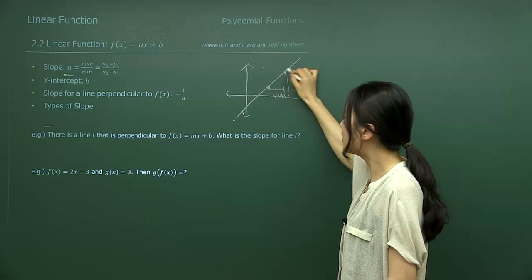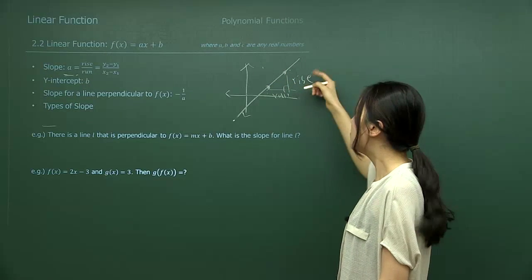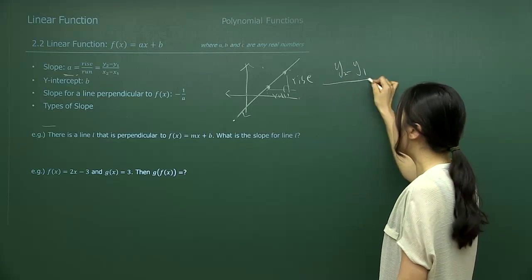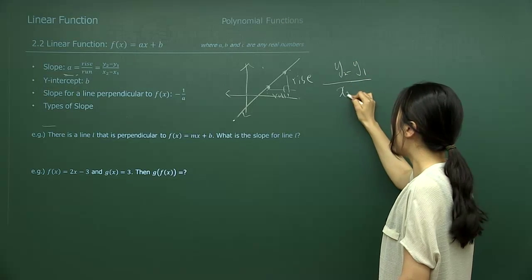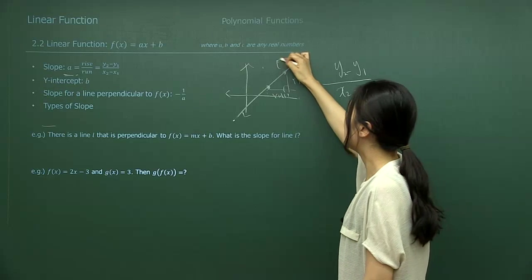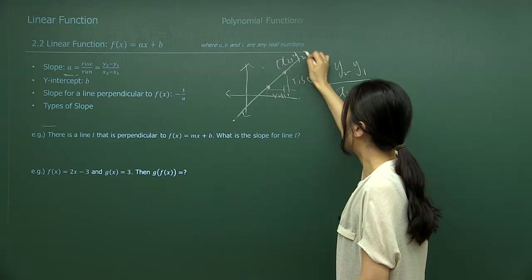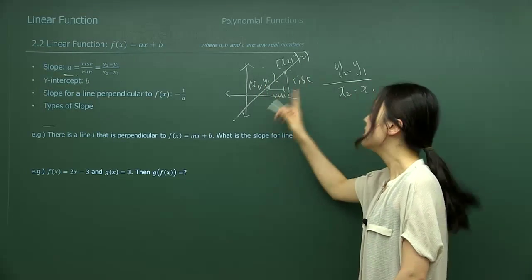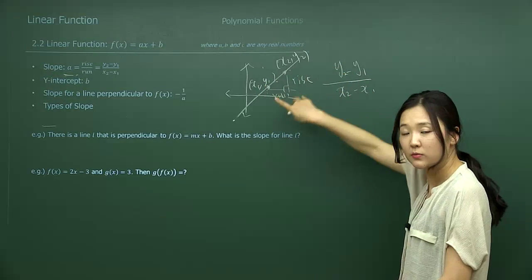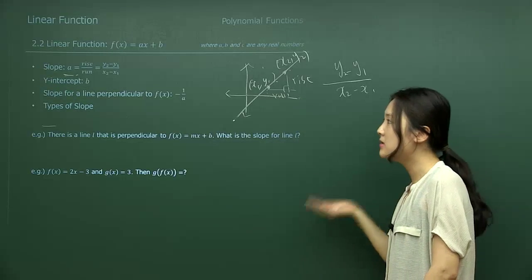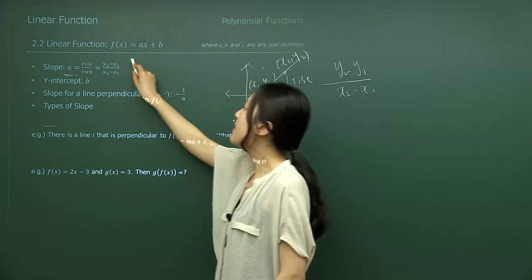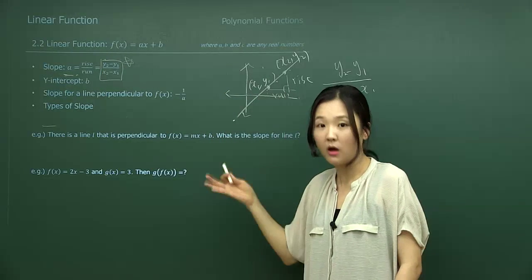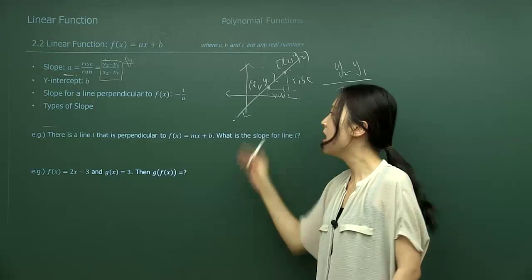If you know the coordinates of the 2 points, you may subtract the 2 y values and divide it by the 2 x values, considering this as the x2 and y2 and this as the x1 and y1. Okay? So it's simply the rise over run. Just remember the basic meaning of it. I mean, remembering the formula is important, but understanding where it comes from is more important in math.